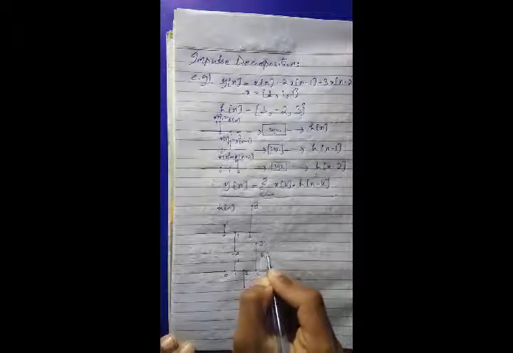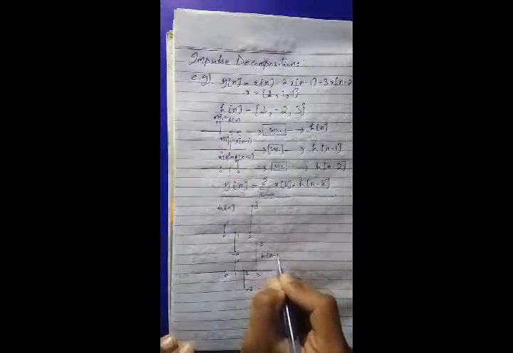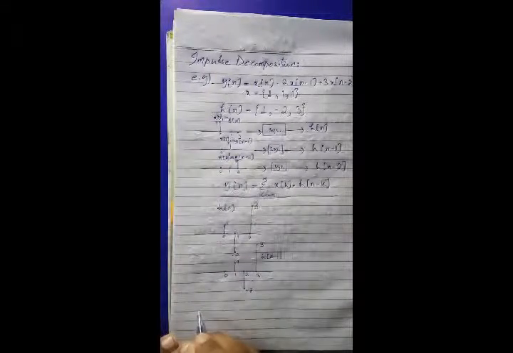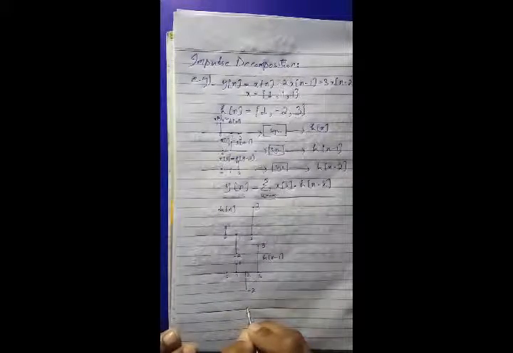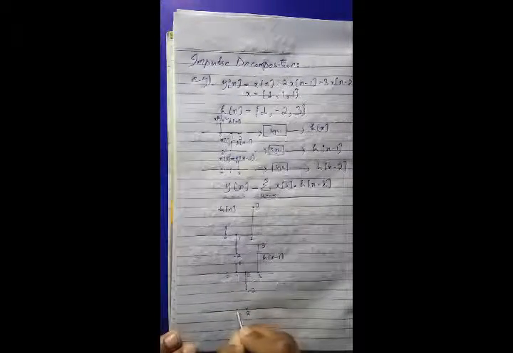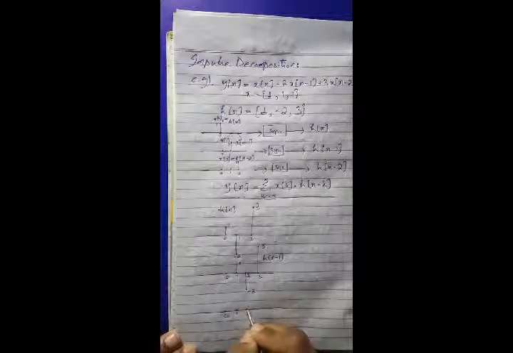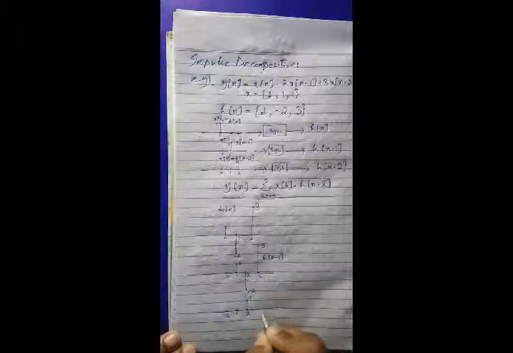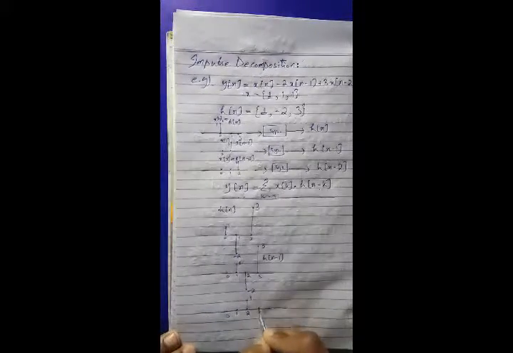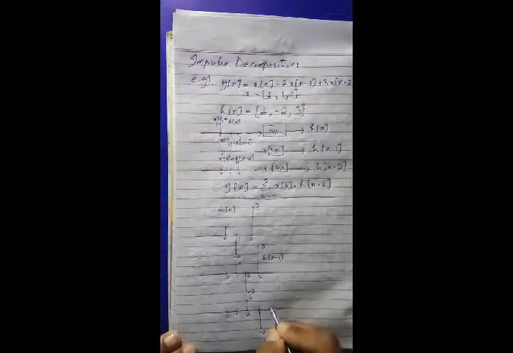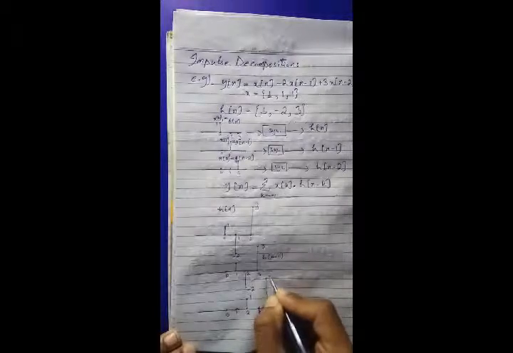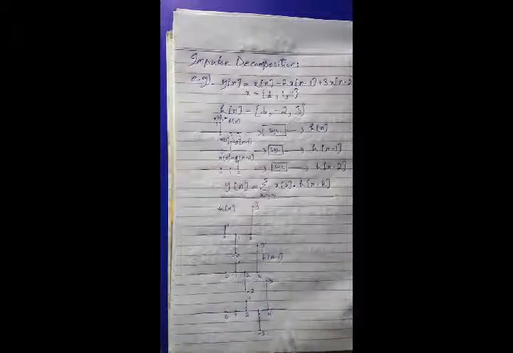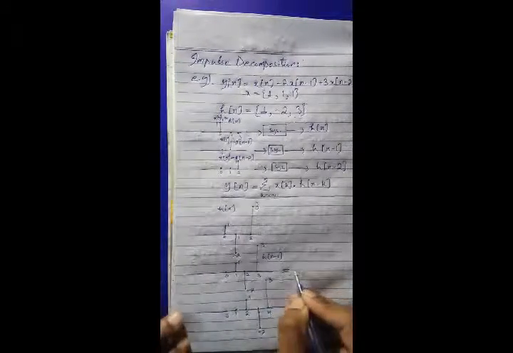This is h of n minus 1. Now the third version starts at n equal to 2, which is 1, and at 3 it is -2, and at 4 it is 3.